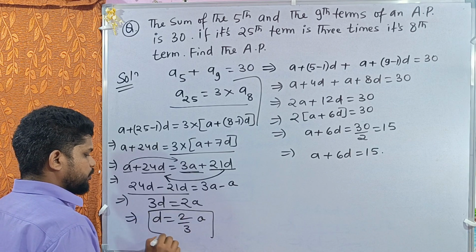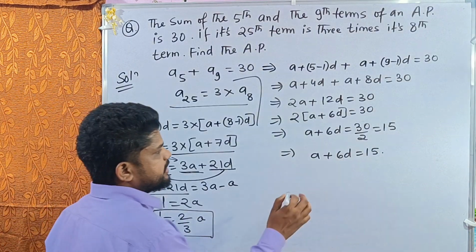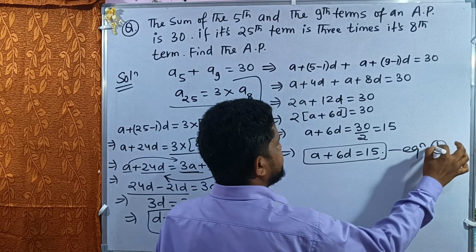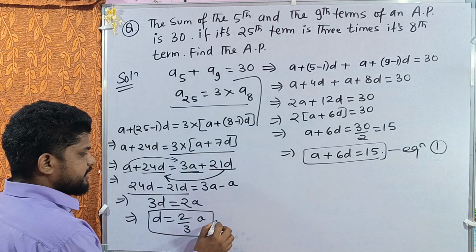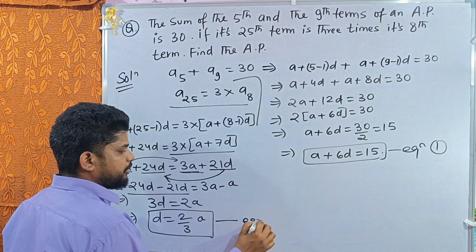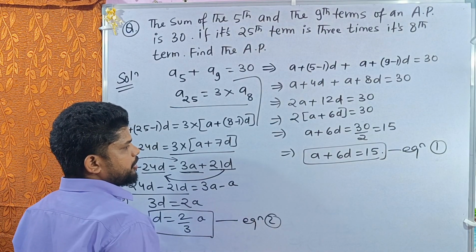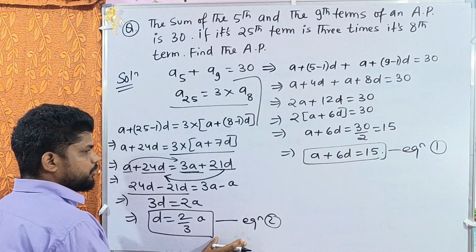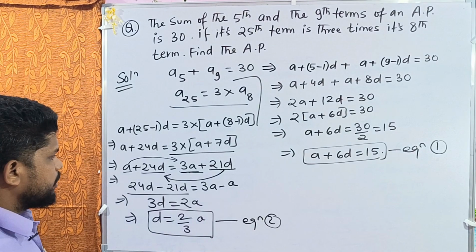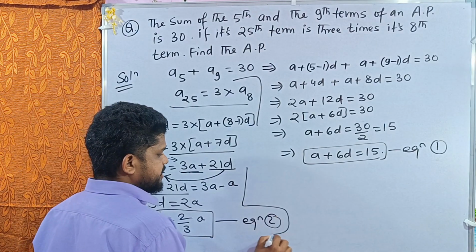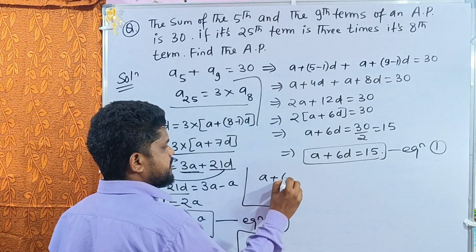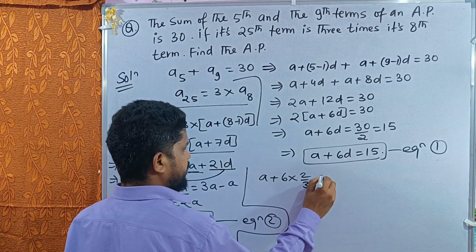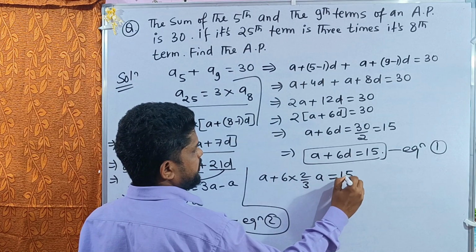Okay, so now let us take a plus 6d equal to 15 as equation number 1, and d equal to 2 by 3 a as equation number 2. Now, dear students, we will substitute the value of d from equation 2 into equation number 1. So we get a plus 6 into 2 by 3 into a is equal to 15.